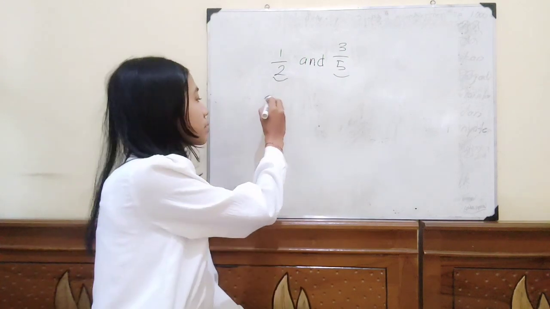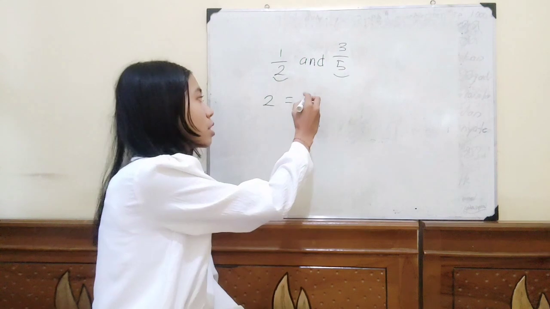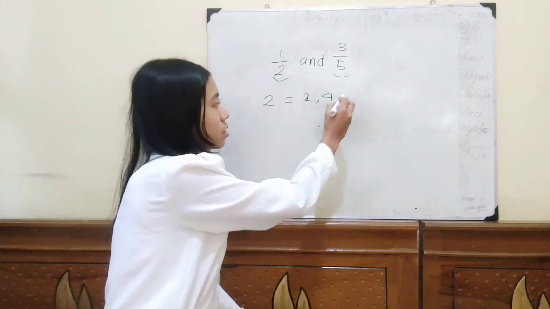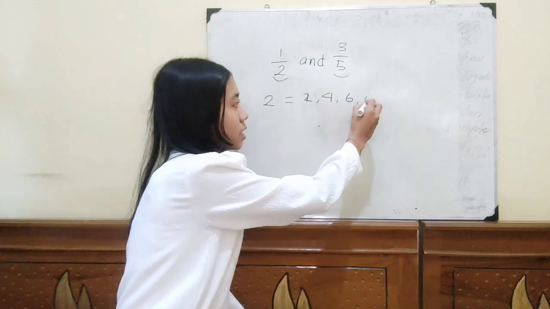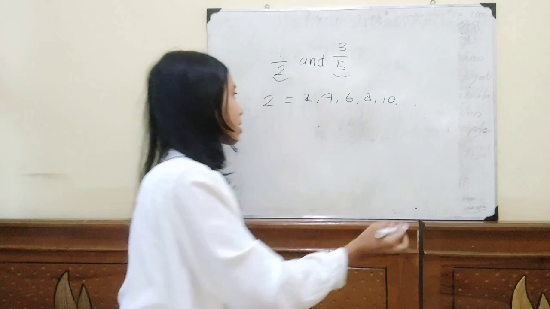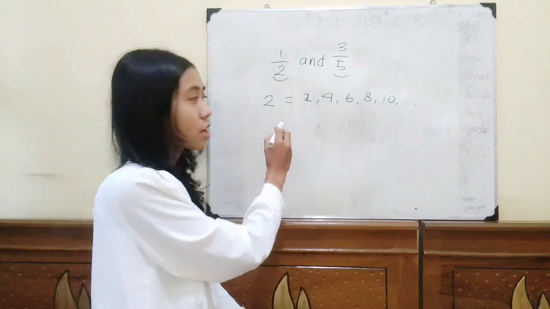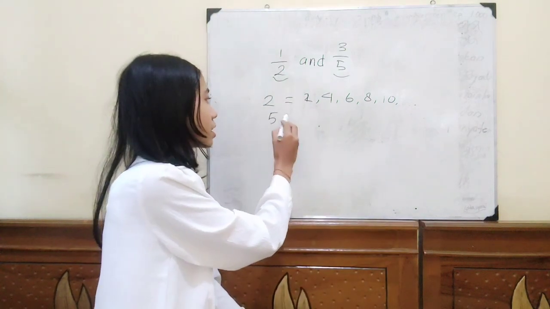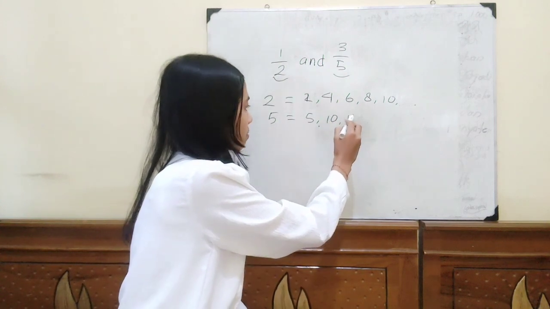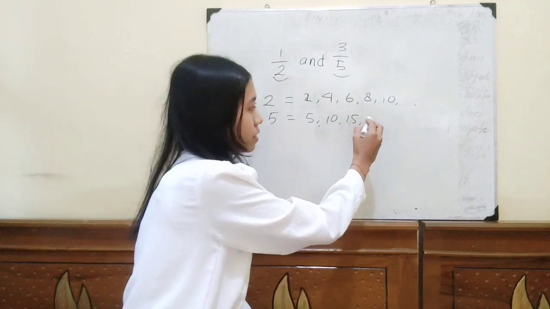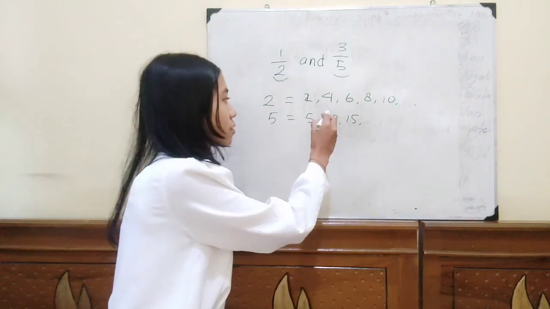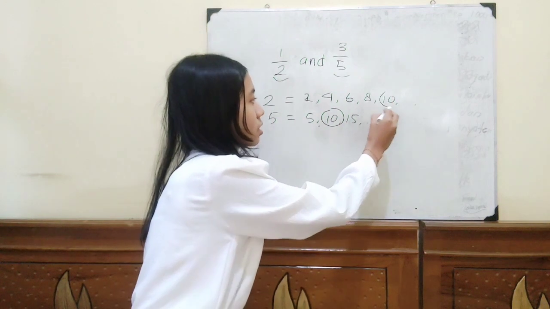The multiples of 2 are 2, 4, 6, 8, 10, and the multiples of 5 are 5, 10, 15. So we get the LCM of 2 and 5 is 10.